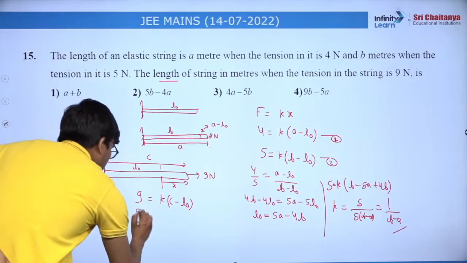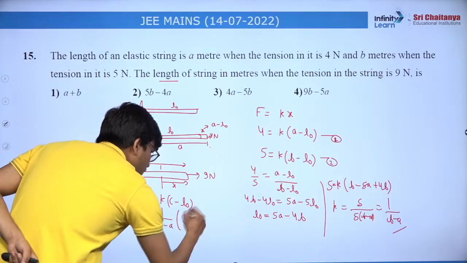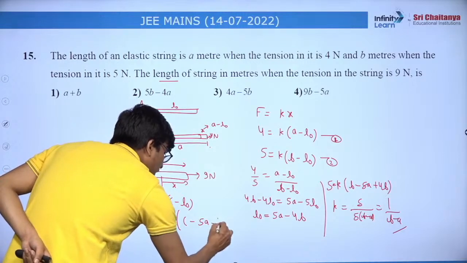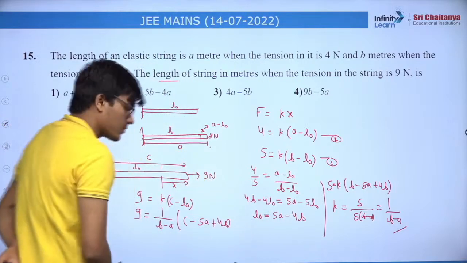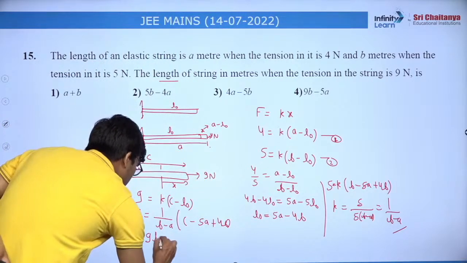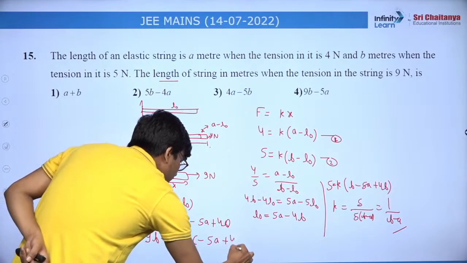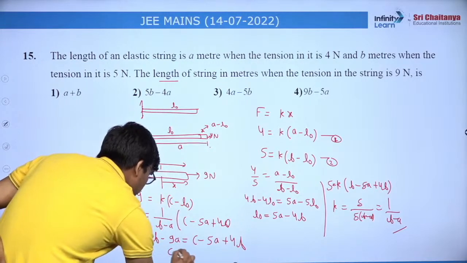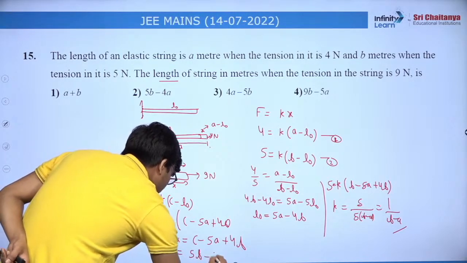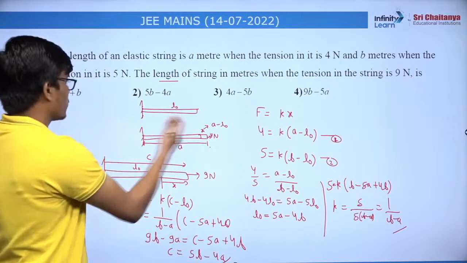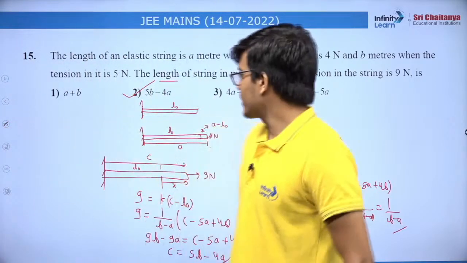So just put here 9, K is 1 upon B minus A, and L0 is 5A minus 4B, minus you will do, so minus will get plus. So this is 9B minus 9A is equal to C minus (5A minus 4B). So C value will be 5B minus 4A. Can you match with the options? That is the second option, right? So second is the right answer.